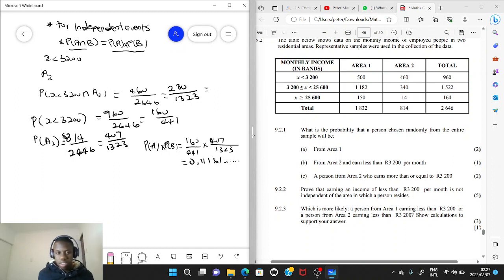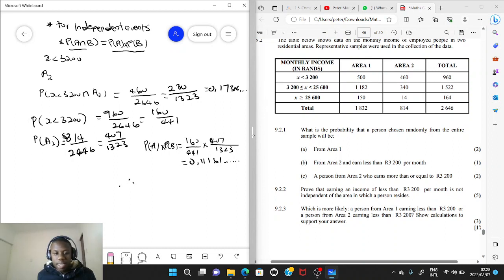Okay, that's 0.17. And here that's 0.71738 and so on. Looking at these two numbers, no matter how you try to round them off, they will never be equal to one another. So here's the probability of A and B, here's the probability of A times B, right? And if you check, these answers are not even close to one another.